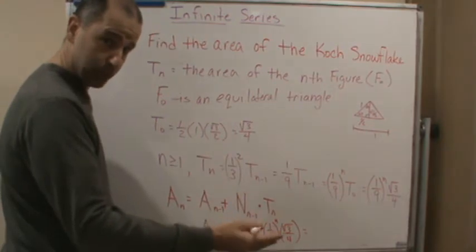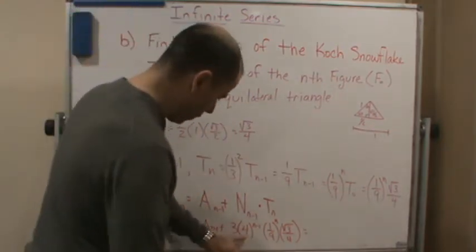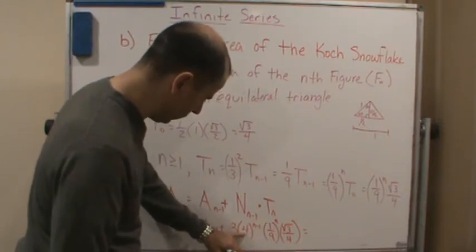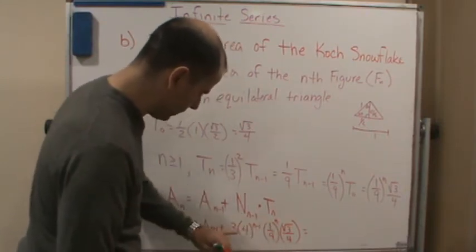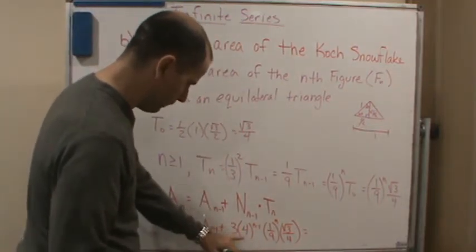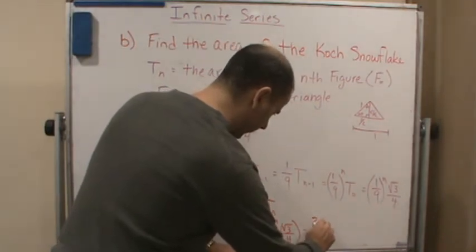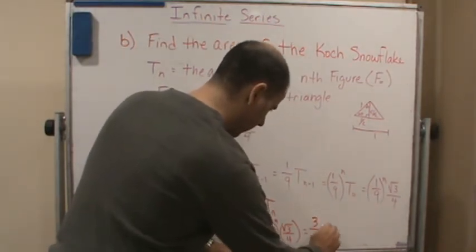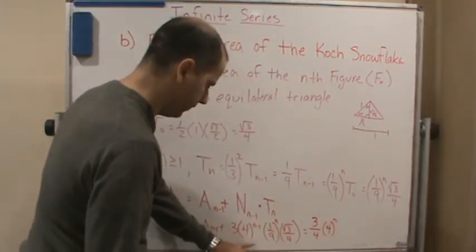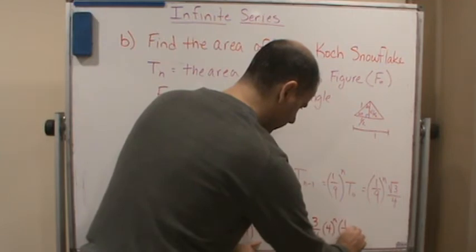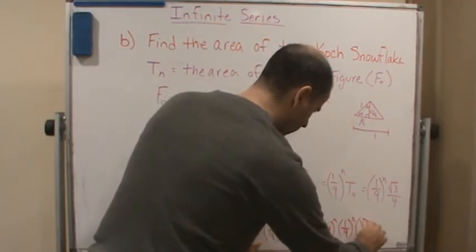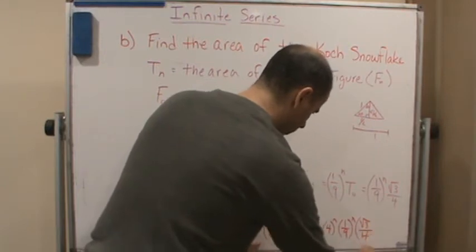It's multiplying by a form of 1. Because I want to make this n, I need to get another 4 in here to make this n so I can combine it with this one. So I'm going to divide by 4 to cancel it out. Okay? So this is going to be 3 over 4 times 4 to the nth power now. And then this is going to be 1/9 to the nth power times the square root of 3. Oh, wait a minute, wait.